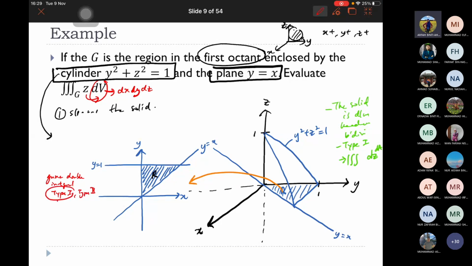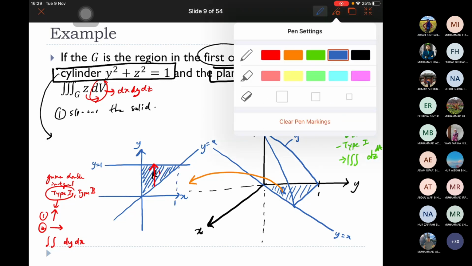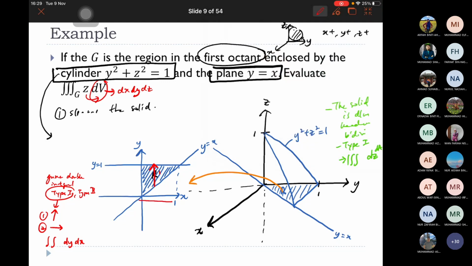So let's say saya nak ambil type 1 yang mana gerakan saya adalah bawah ke atas, gerakan kedua kiri ke kanan. Integration dia akan jadi dy dx. So saya letak bawah ke atas first, then kiri ke kanan. So ini gerakan kedua, titik kedua, kiri ke kanan.